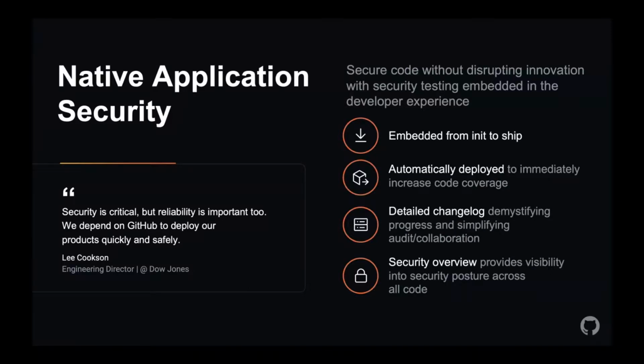Another thing we do is, like code changes, we do provide detailed change logs. So this is demystifying the progress, simplifying audit and collaboration. You must have heard this term inner sourcing, right? So inner sourcing is essentially taking the best practices that we see in open source projects, in open source libraries, that help them to scale and deliver software securely.